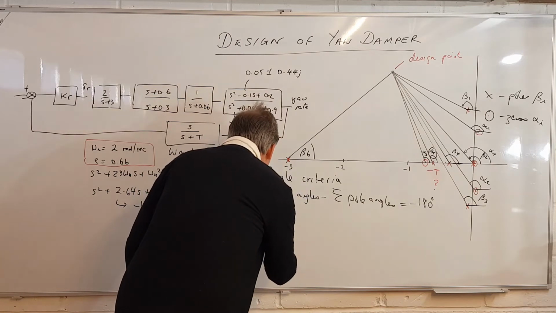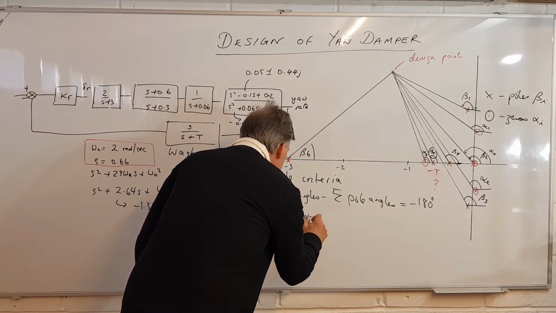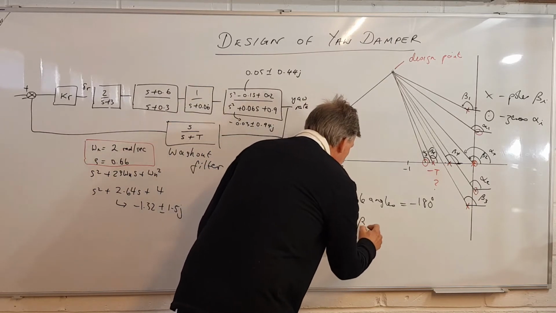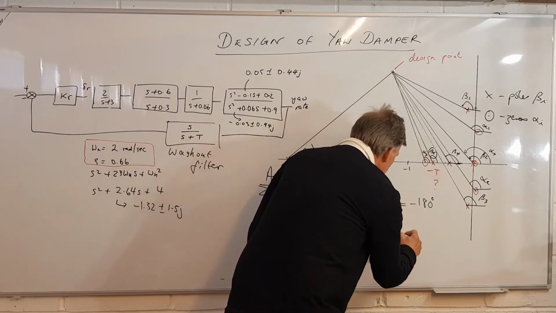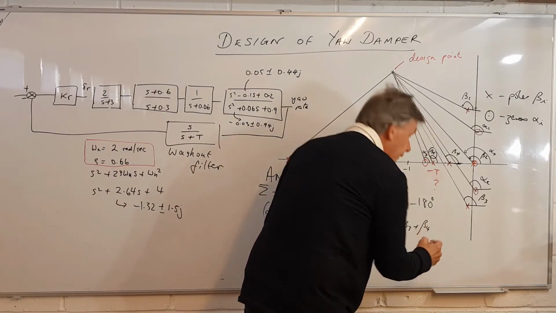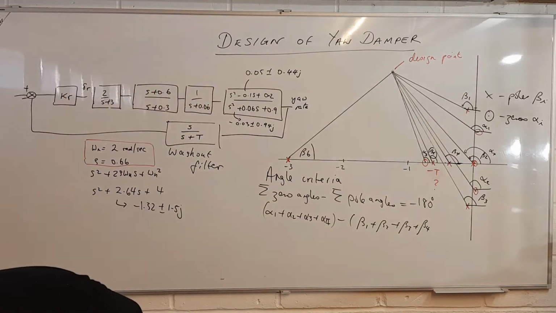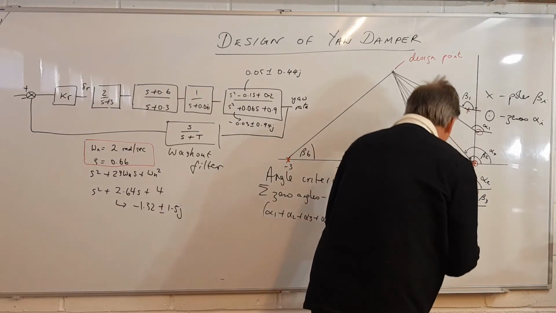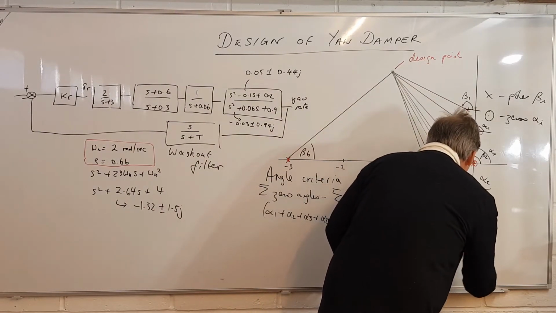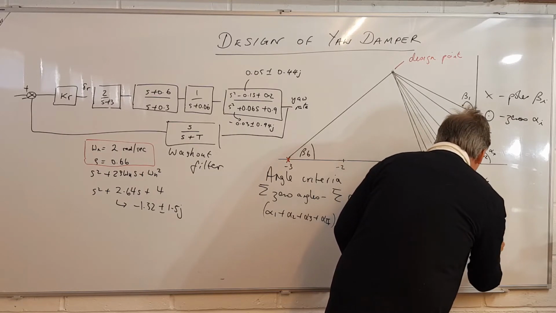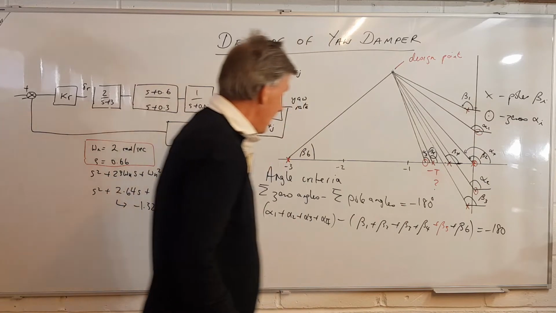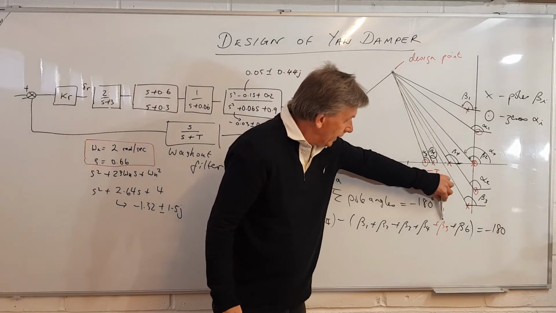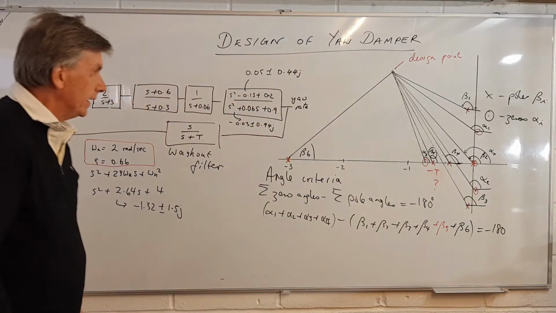So we have alpha 1 plus alpha 2 plus alpha 3 plus alpha 4 minus, and then we've got beta 1 plus beta 2 plus beta 3 plus beta 4 plus, I'm going to put in red, plus beta 5 plus beta 6 is equal to minus 180 degrees. Now, if we look at this expression here, we'll have all these parameters other than beta 5. So we can solve this for beta 5.